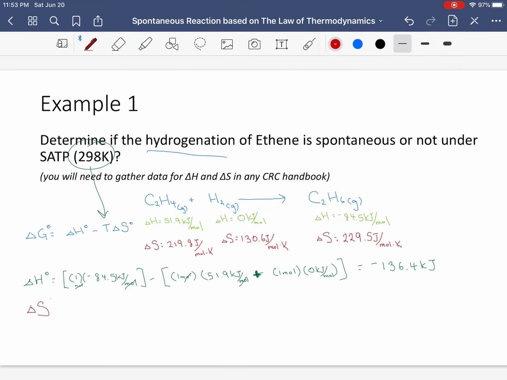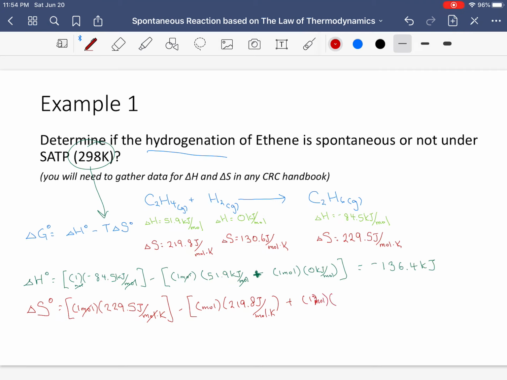Delta S. The idea here is the same thing. You're really just using different values. So again, 1 mole times 229.5 joules per mole K. Moles cancel, so you're left with joules per Kelvin, minus 1 mole times 219.8 joules per mole Kelvin, plus 1 mole.